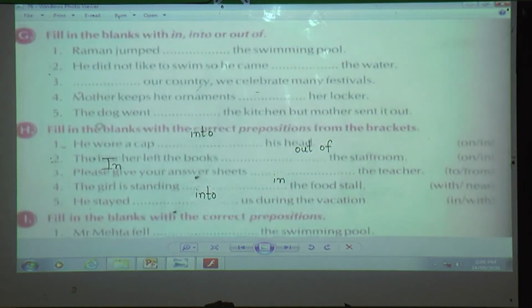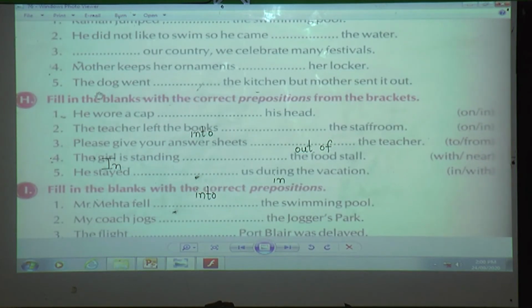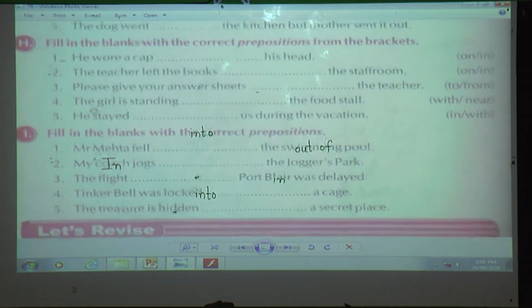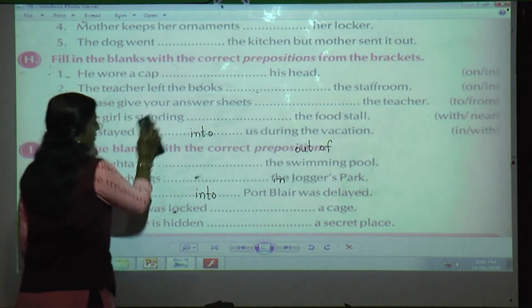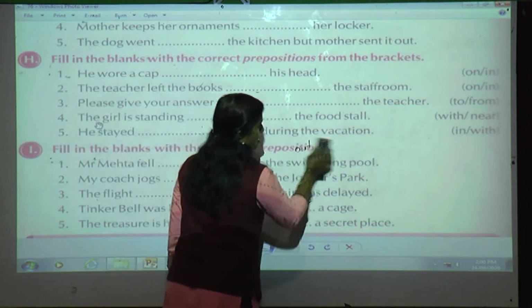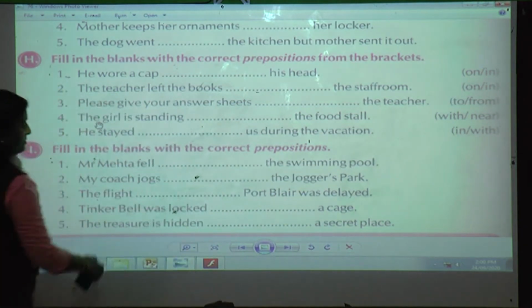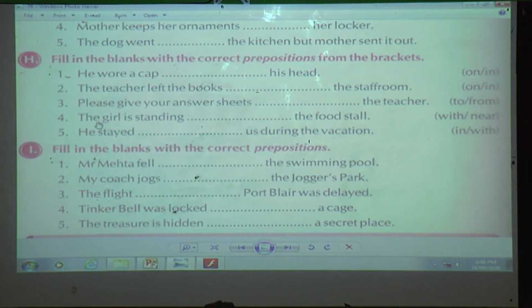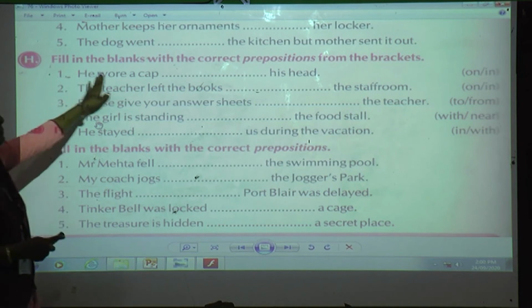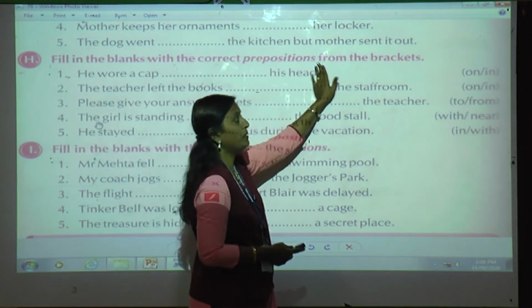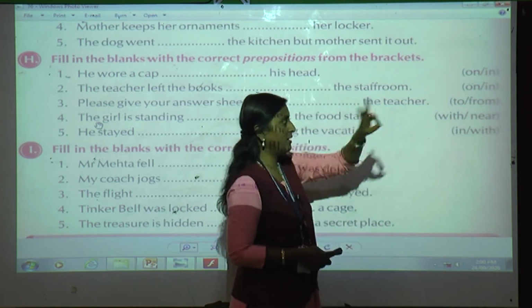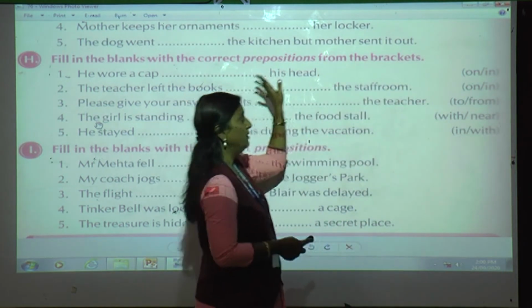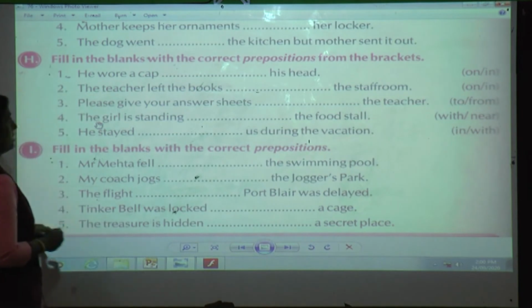We'll move on to exercise H. Now, in exercise H, what are we going to do? Yes, read the instructions given there. It has been told that we have to fill the blanks with the correct prepositions from the bracket. It means here you can see they have given only two prepositions, and from those only we have to fill the blanks. So we will start with the first.